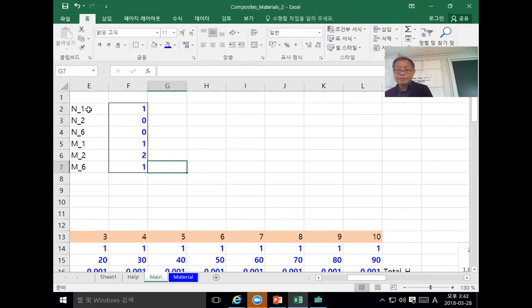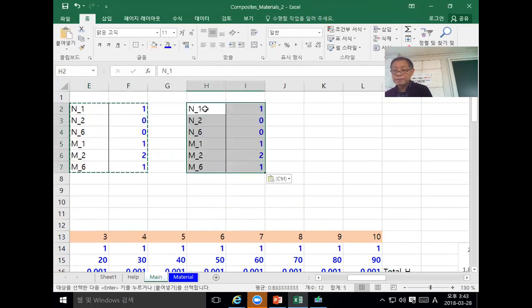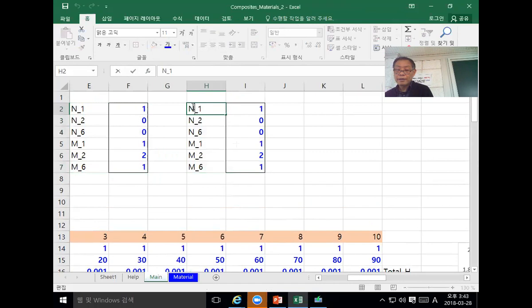And then the output will be, say, E1 0 and E2, I mean in-plane strain, and in-plane strain 6, and this is what? Curvature 1, curvature 2, and curvature 6.